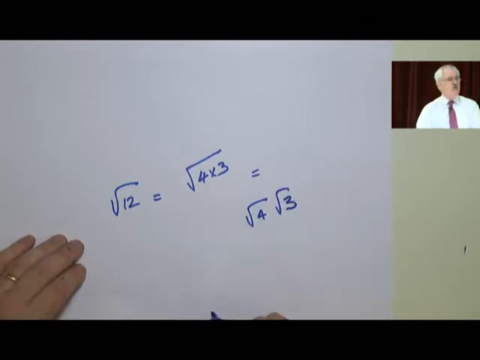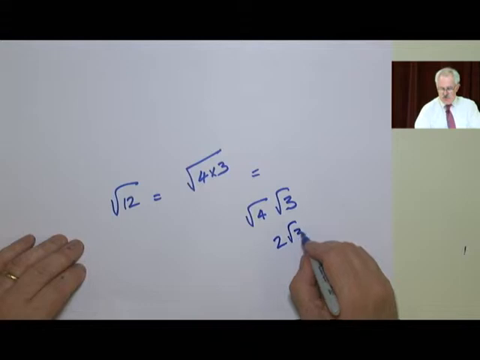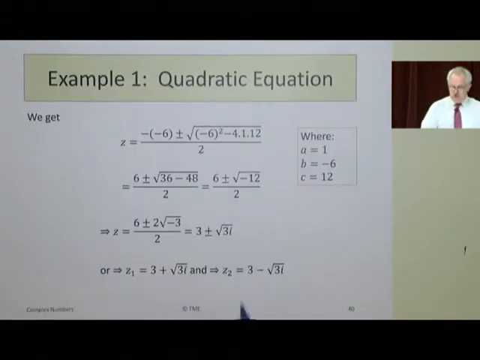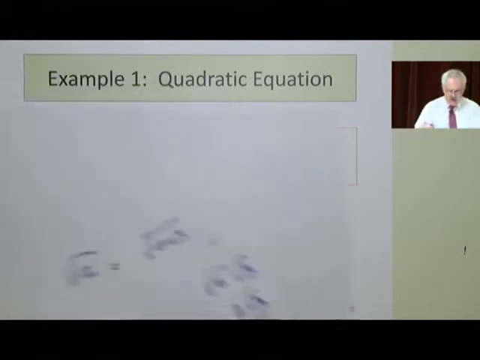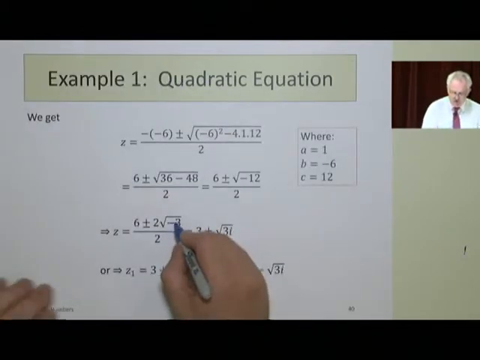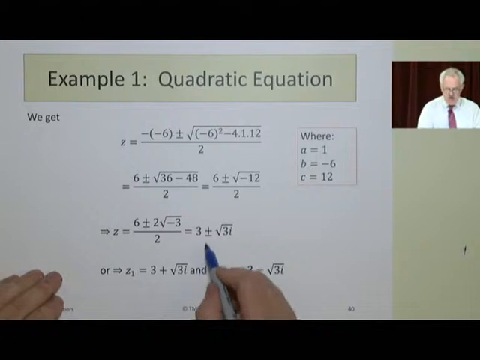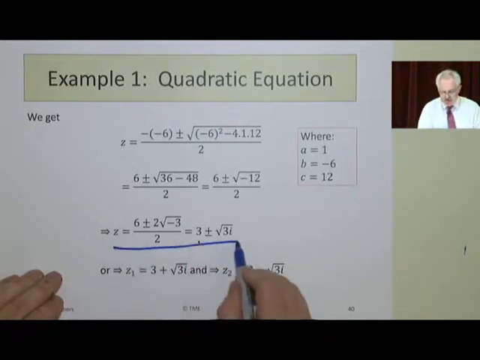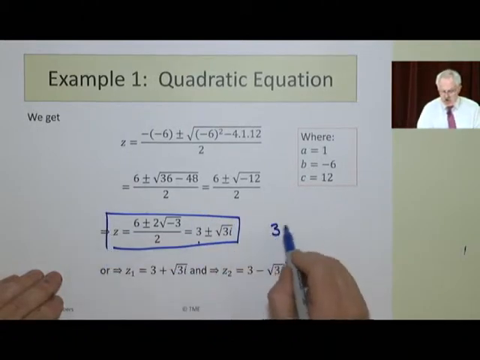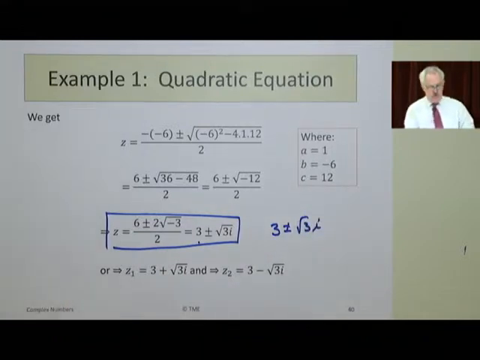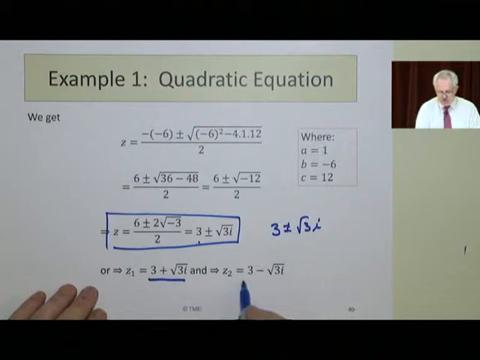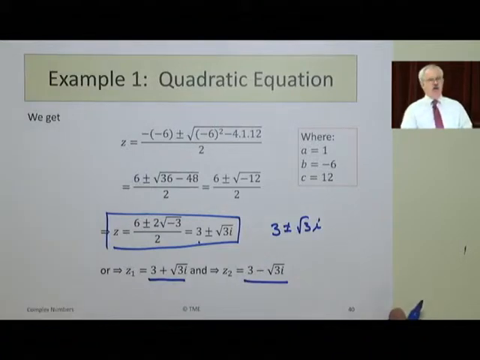And what's the square root of 4? 2 square root 3. But if there was a minus in there, I just make that 2 square root 3 i. The answer I get is z is equal to 3 plus or minus the square root of 3 i. So the roots of that are 3 plus root 3i and 3 minus root 3i.